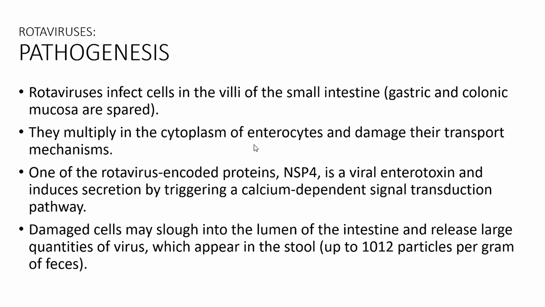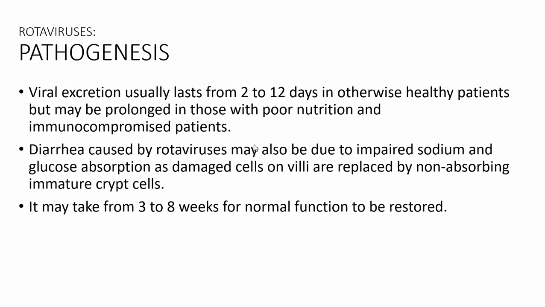Damaged cells may slough into the lumen of the intestine and release large quantities of virus which appears in the stool, up to 10^12 particles per gram of feces. The excretion of this virus usually lasts from 2 to 12 days in otherwise healthy patients, but it can be prolonged in those with poor nutrition and immunocompromised patients.